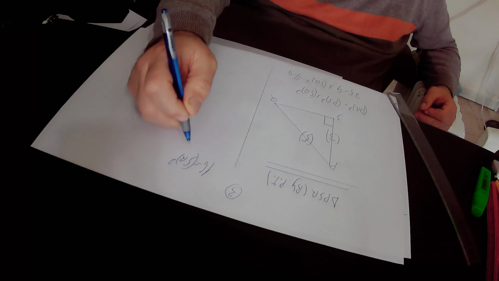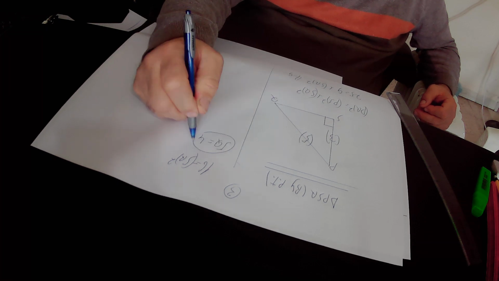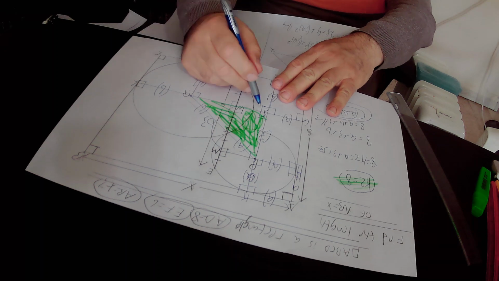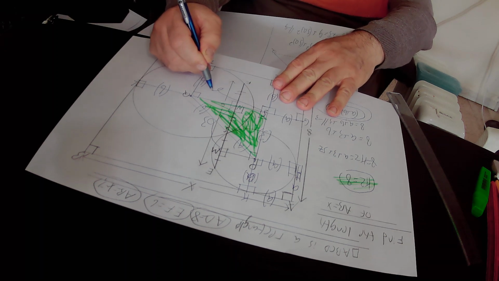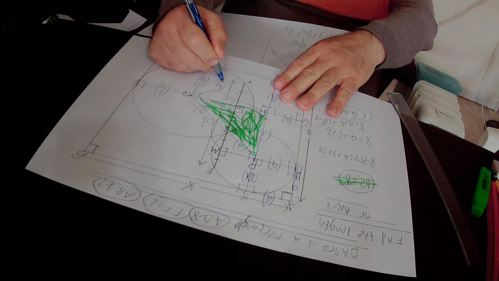Here we take the root of this equation, and we get that SQ equals the square root of 16, that is 4. So this line segment SQ is equal to 4 units in length.